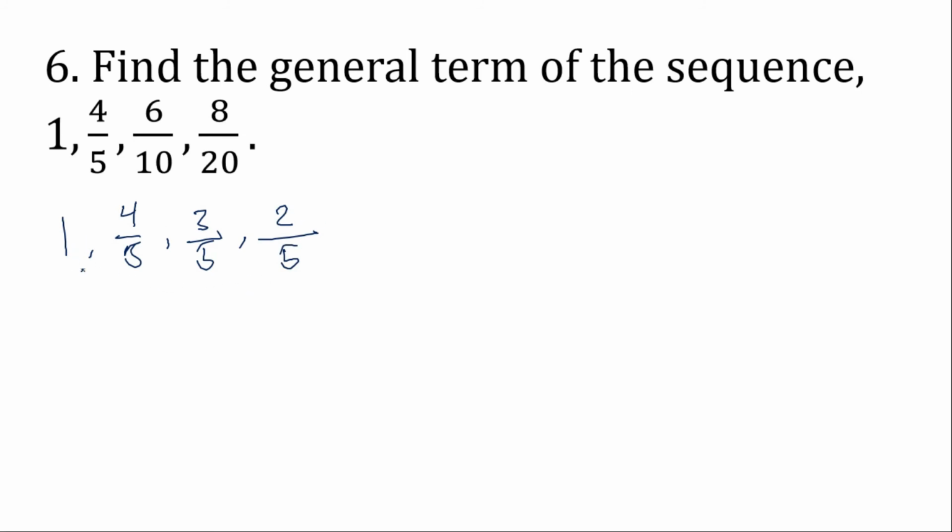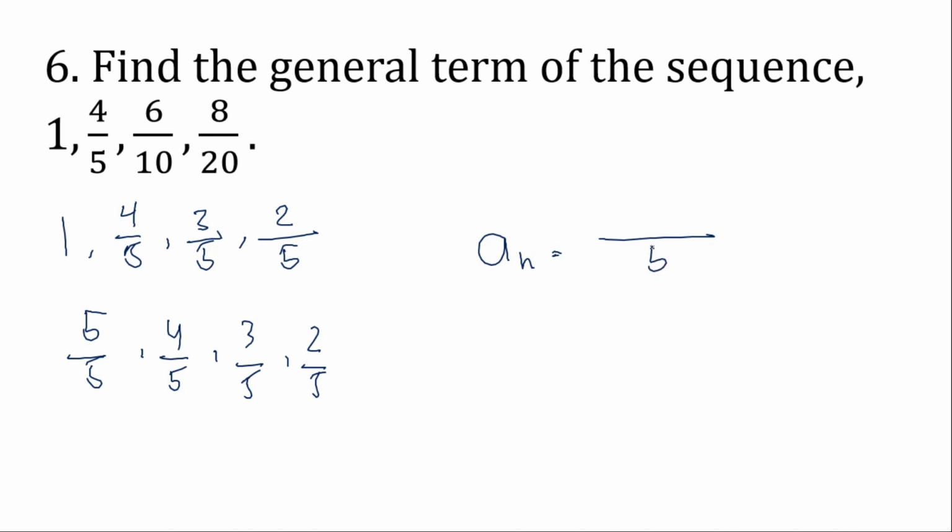Now let's change 1 into a denominator of 5. So that would be 5 over 5. So we have this sequence. Now all we need to do is to come up with a formula that will give us this. So let's try writing a sub n is equal to something over 5, because we know 5 is constant.